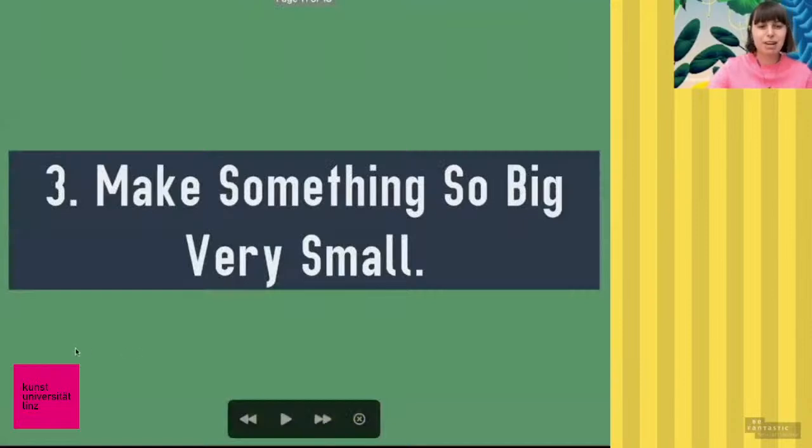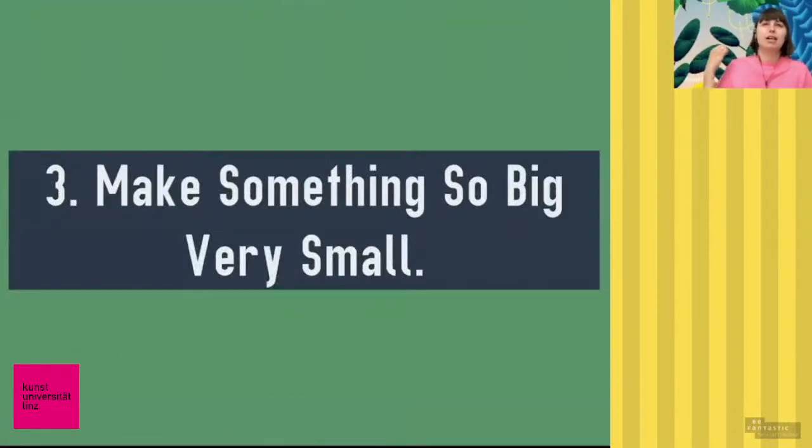The last provocation would be, we're talking about huge issues, the climate crisis, AI, the internet. These are incredibly big and sometimes very abstract topics. So here, another provocation is maybe take something that's so big and make it really small.